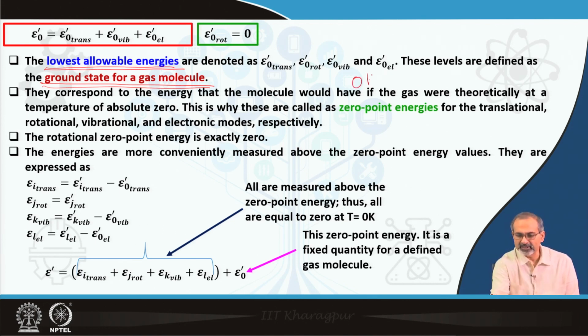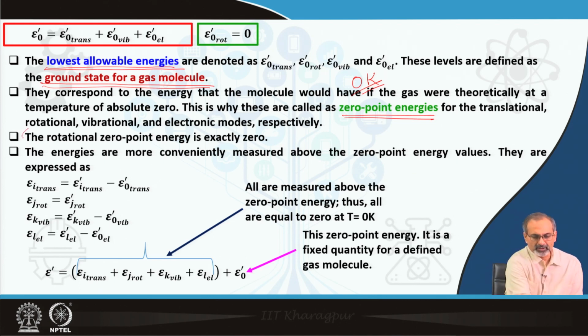So, if you were to take the gas to 0 Kelvin, then these are the energies which would exist in the different modes. This is why these are called the 0 point energies for translational, rotational, vibrational and electronic modes respectively. Incidentally, the rotational 0 point energy is exactly 0, while none of these others are equal to 0.